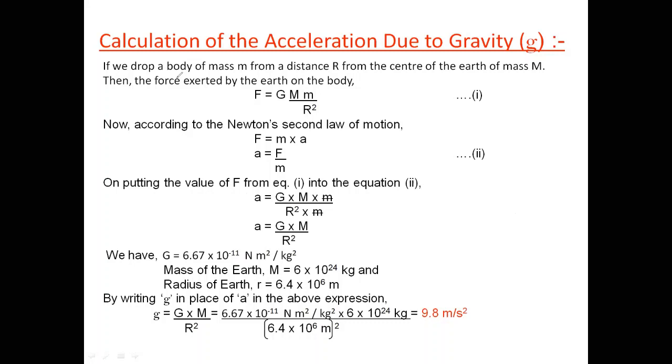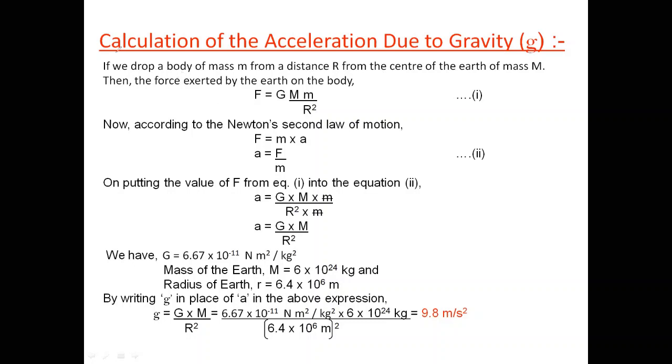We know that the value of acceleration due to gravity is 9.8 meter per second square. Now we will calculate that value mathematically. ठीक है, मैथमेटिकल प्रोसेस से हम लोग उस वैल्यू को फाइंड आउट करेंगे.